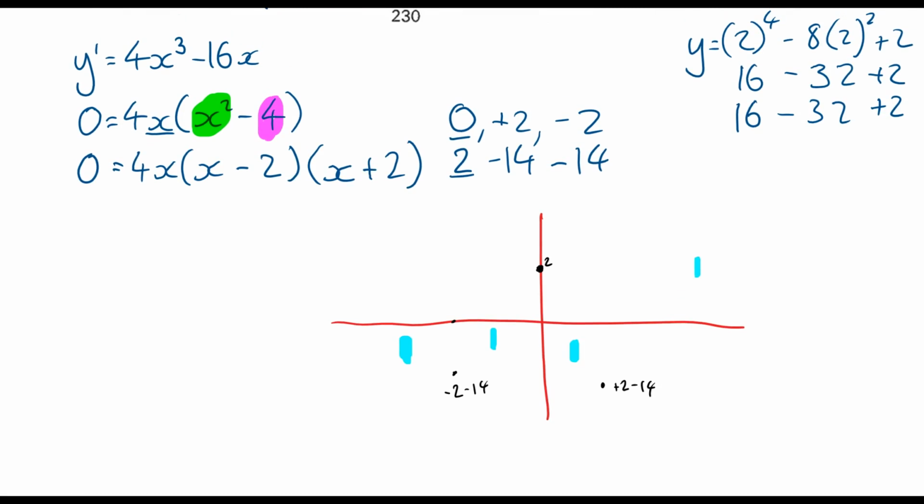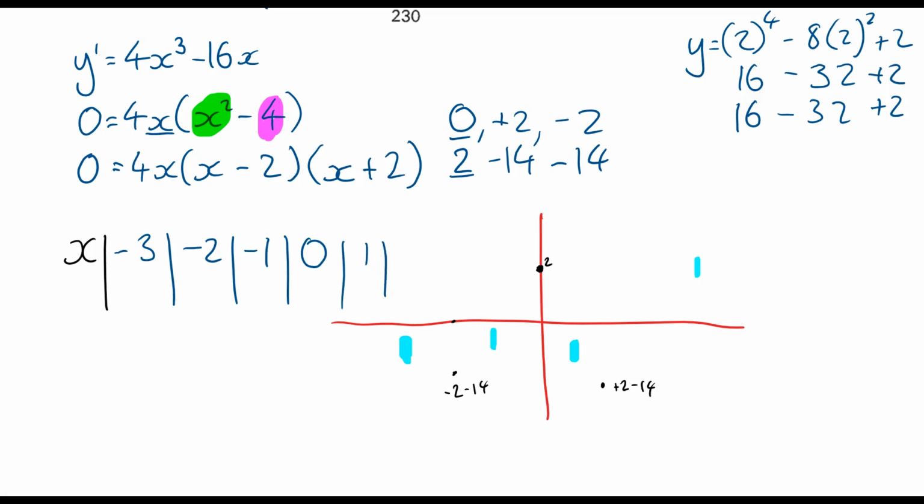I'll go x, and then the first one will be -3 to give me something, then -2, then -1, then 0, then 1, to be on either side between 0 and 2, then 2, and then 3.